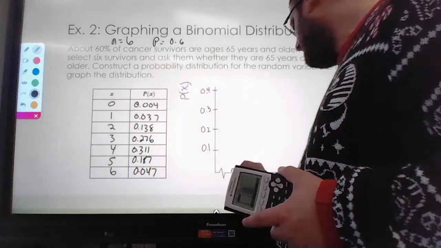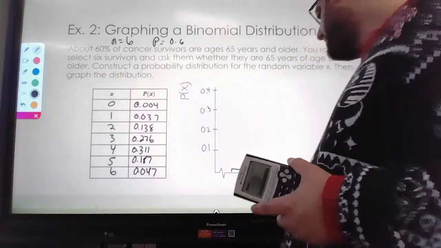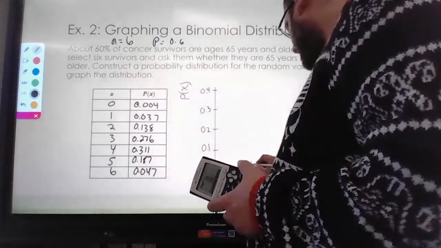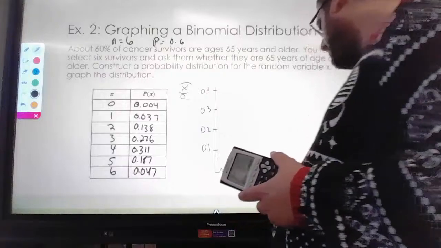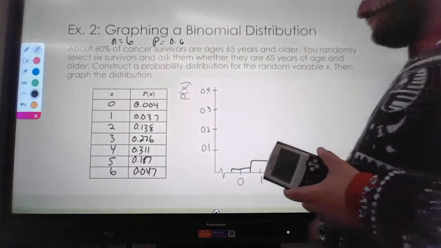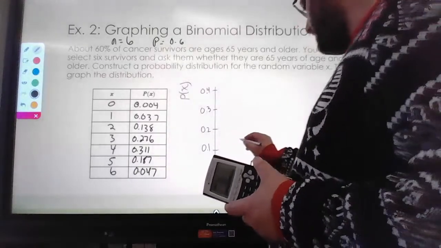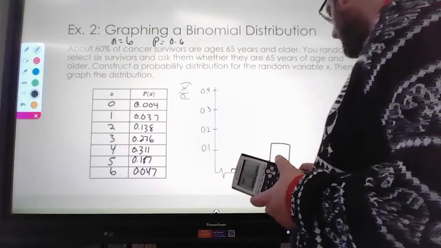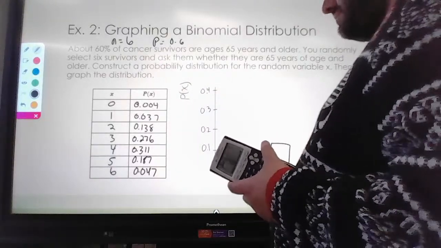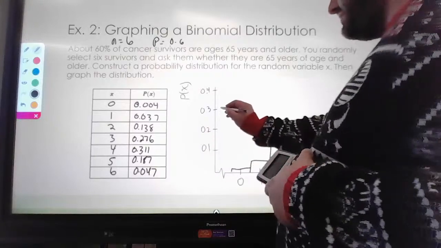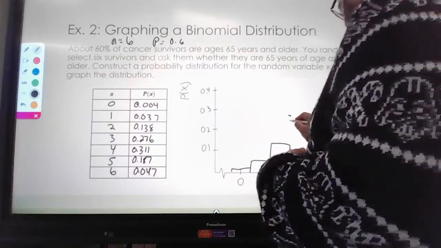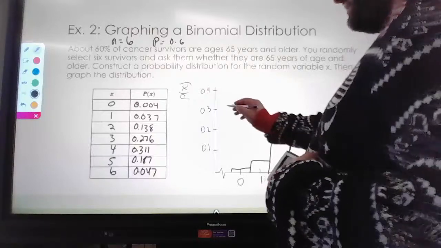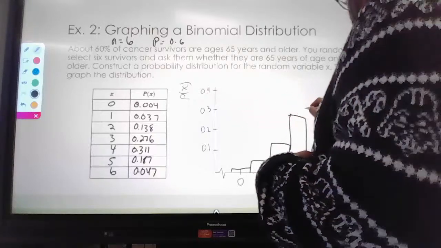Again, I'm not going to make this first bar very tall at all. Then 0.037, so we're going to make this a little bit taller. 0.138, almost about halfway, but a little bit less. Go right here. 0.276, so about right here, we'll say. And again, I'm just kind of eyeballing it just a little bit. 0.311, right here.